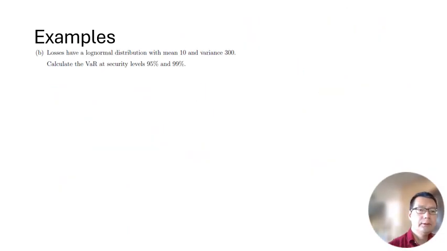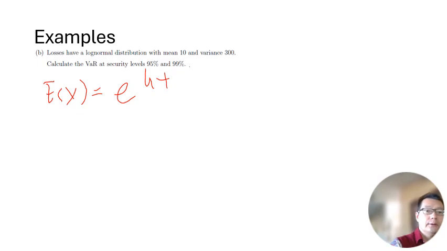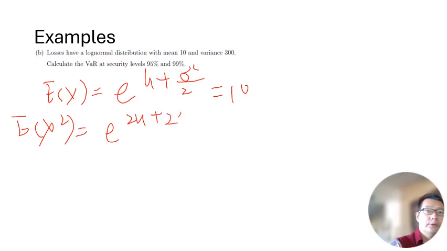Example B. Losses have a log normal distribution with mean 10 and variance 300. Calculate the value at risk at the security level 95% and 99%. This is actually very similar to the previous question. So it gives you E[X]. For the log normal distribution, E[X] is e to the power of mu plus sigma squared over 2. And this is 10. And E[X squared], again, both will be found in your formula sheet.